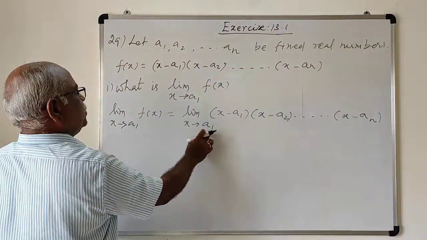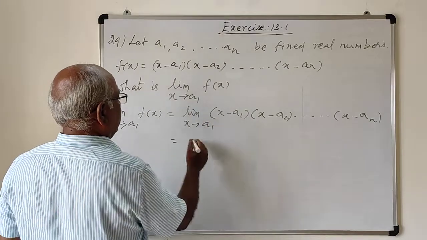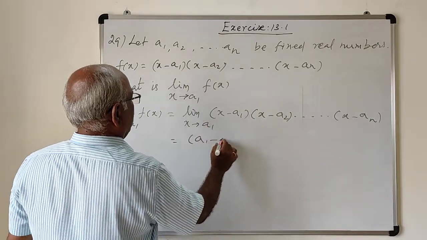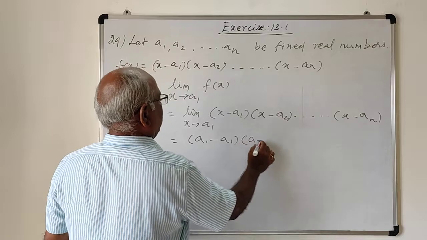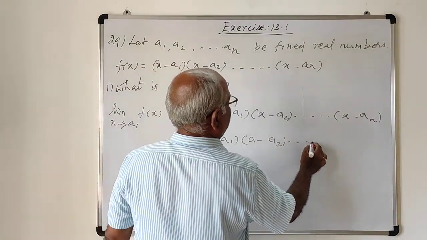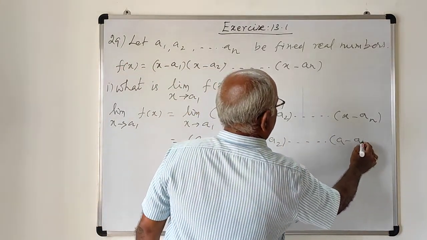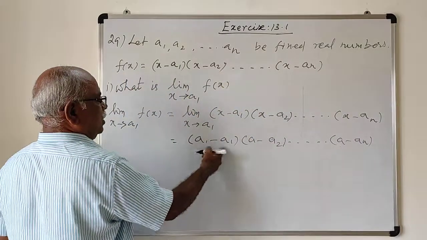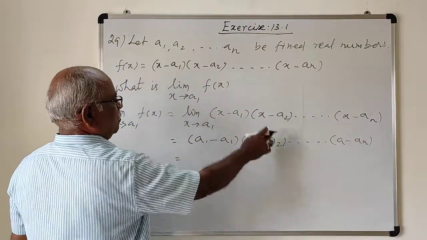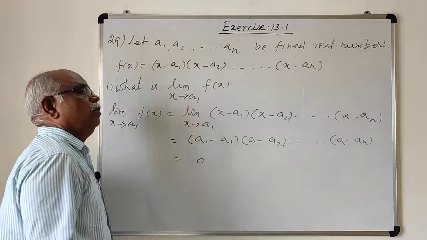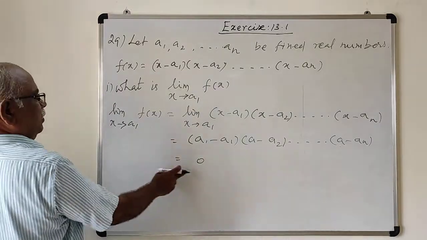Applying the limit, x is a1: a1 minus a1 into a1 minus a2 etc. into a1 minus an. Since a1 minus a1 is 0, 0 into everything is 0. So the limit as x tends to a1 of f of x is 0.